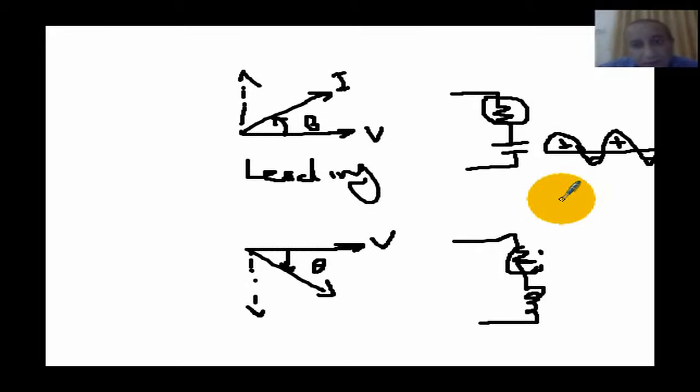On the contrary, there is some current flowing in one direction, and for some other time in the other direction, and this continues.